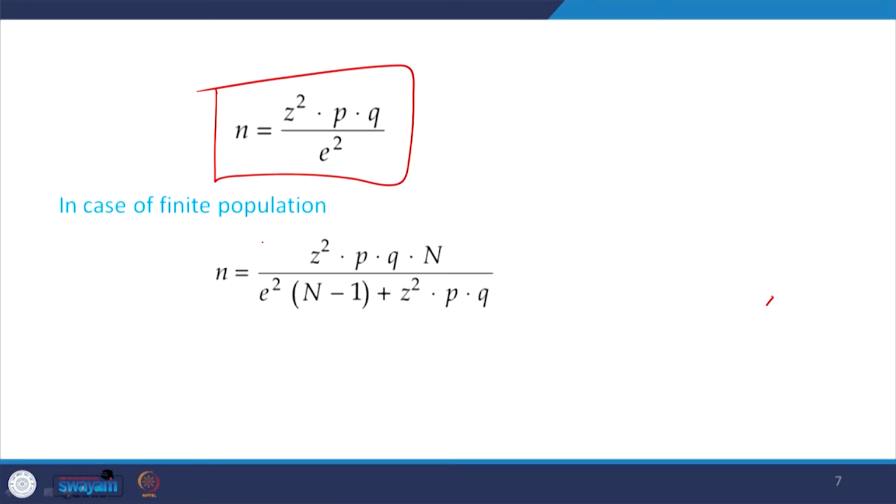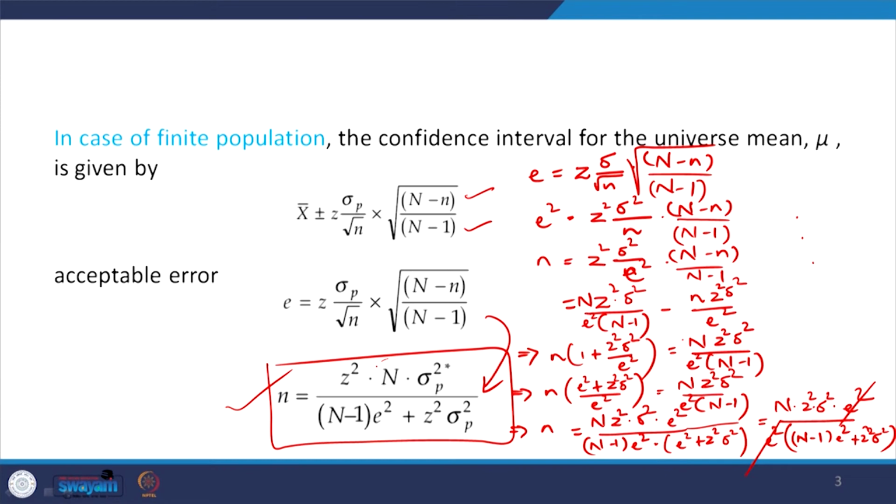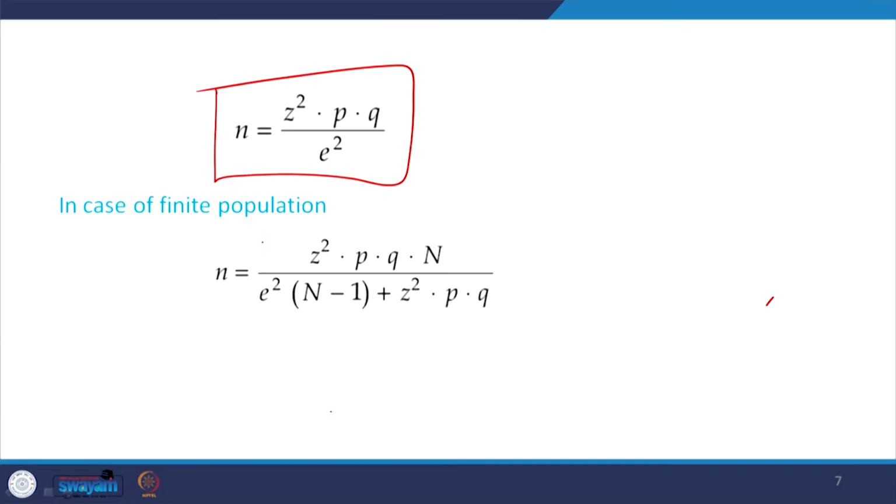If the population is known, then we have to multiply with N divided by N minus 1, as in the previous equation we already derived. So, here also N divided by N minus 1 is there.